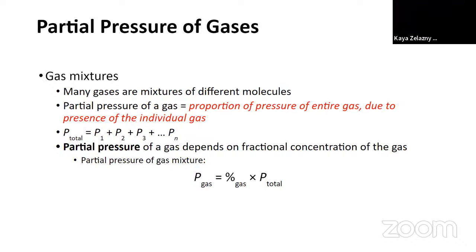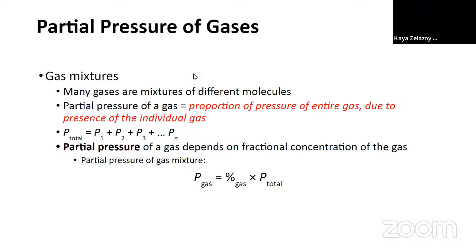So to calculate the partial pressure of a gas, all we need to do is think about the total pressure of all our gases mixed together, which is what we would be able to measure, like that 760 for the atmospheric pressure. That's what we measure. And then we just take the percentage of that air that is oxygen and multiply it by that number.